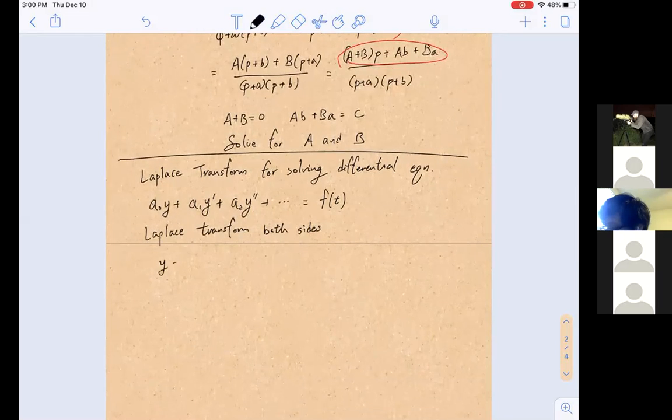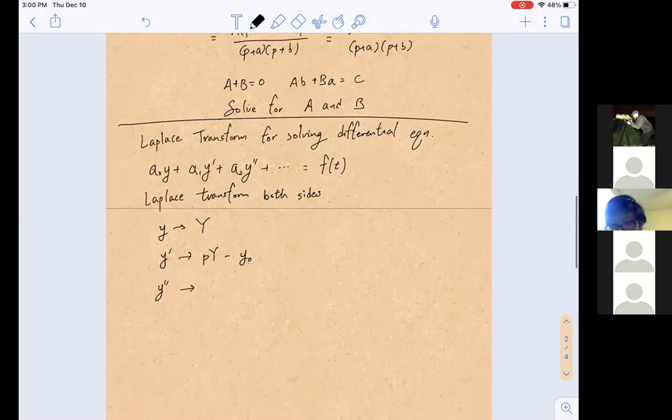Okay, so y becomes big Y. Y prime becomes pY minus y0. Y double prime becomes p squared Y minus p y0 minus y0 prime.